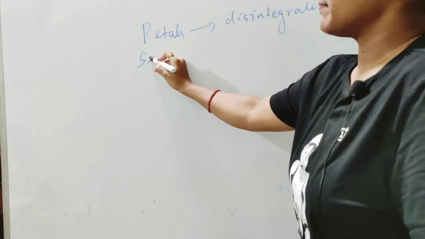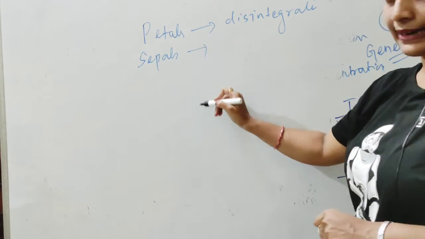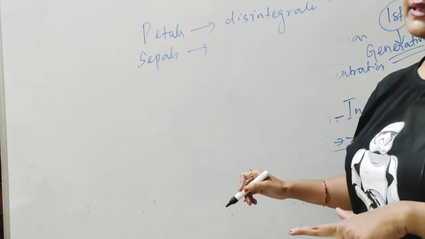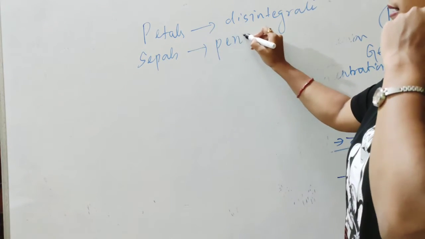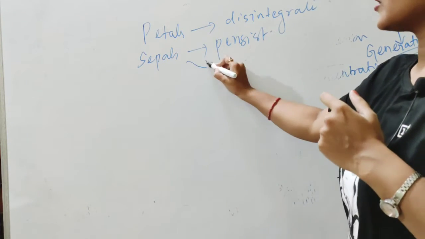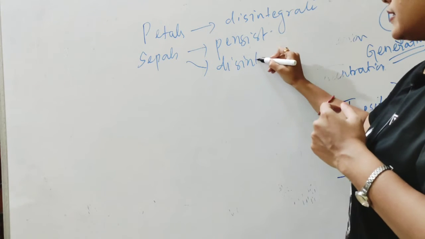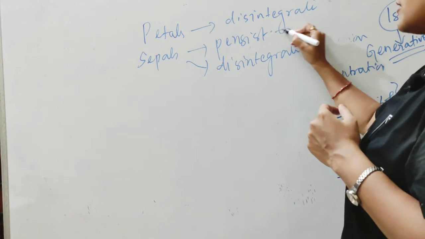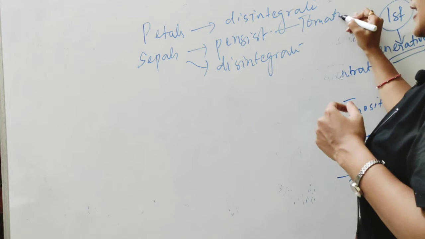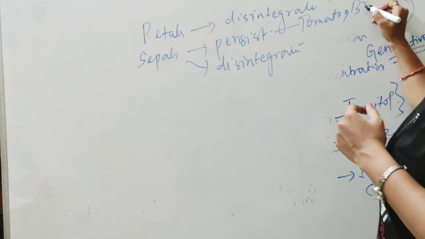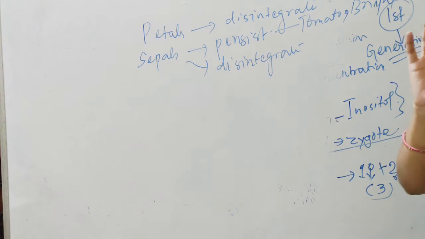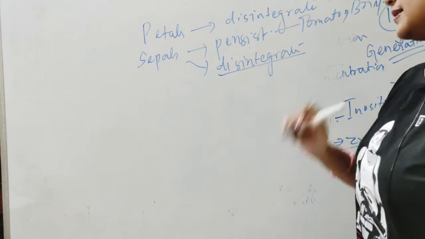Then sepals, or we talk about the calyx, it might persist, it might disintegrate. Might persist means it will stay as such, and we see it generally in case of your tomatoes and even in brinjal. They persist. You can see that green color structure out of it, and in some it disintegrates.